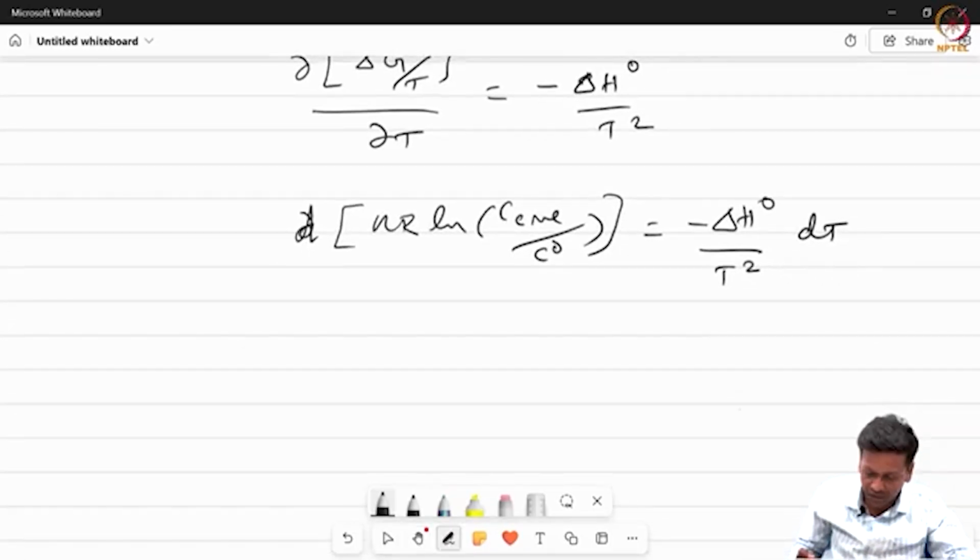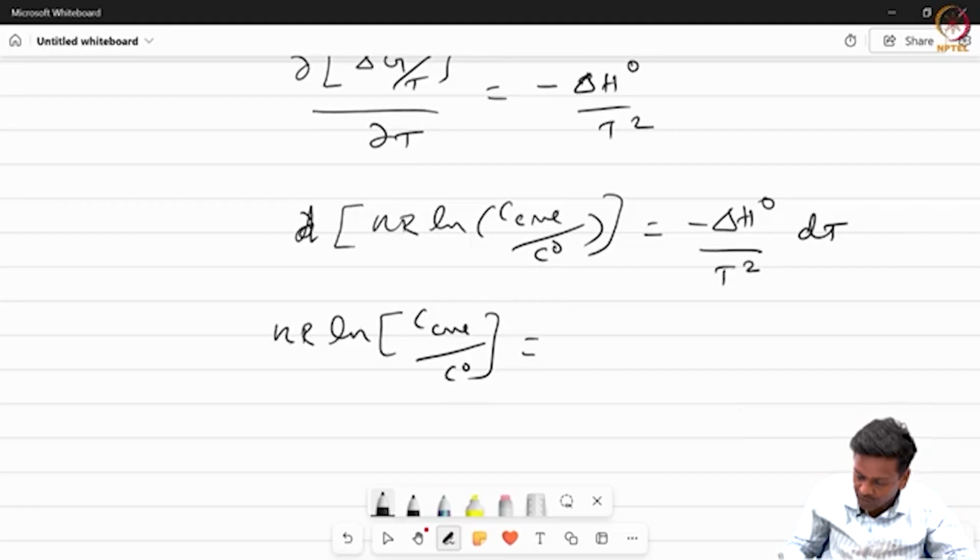If I integrate on both sides, I will simply have nR ln CMC divided by C naught, which is nothing but delta H naught into 1 by T2 minus 1 by T1.